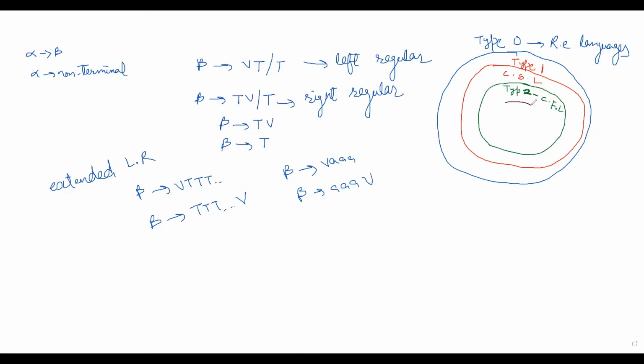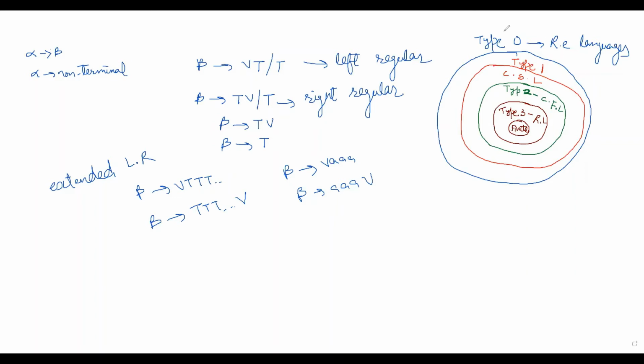And the subset of this is type 3, which generates regular language. And the subset of regular languages is another, which is finite language. All finite languages are regular. Finite language means a language which contains a finite number of strings.